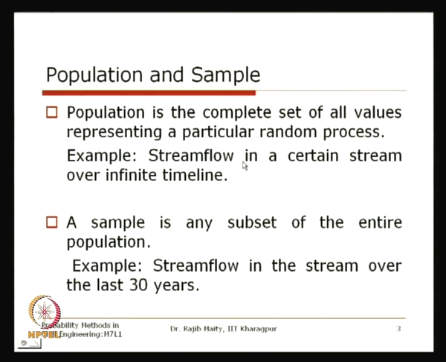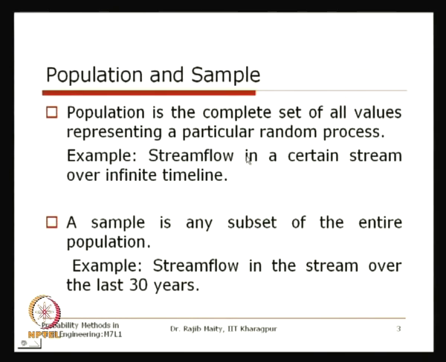Now you can see that whatever probability theory we have discussed earlier is basically related to its entire possible values, that is, all possible values of the random process. But in reality we never have all the possible values.